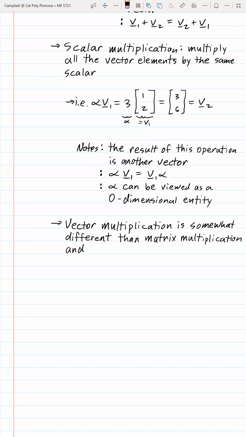So to introduce that, I will say that there are two common approaches to multiplying vectors.